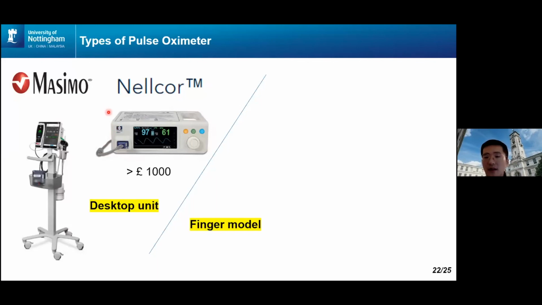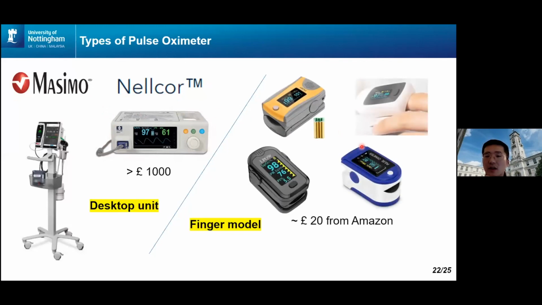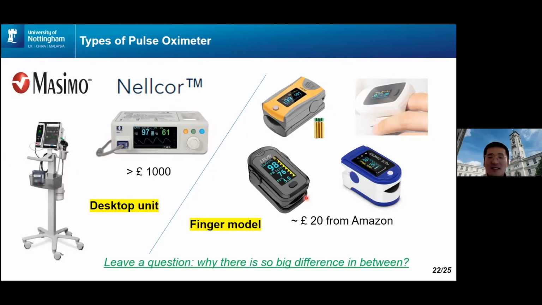Also, we can find lots of finger-mode pulse oximeters on Amazon and eBay, and they are all cheaper than the desktop ones. So now I leave a question for you. If you are interested, you can search it out offline. The question is why there is such a big difference between them. That's a very interesting question if you search it.